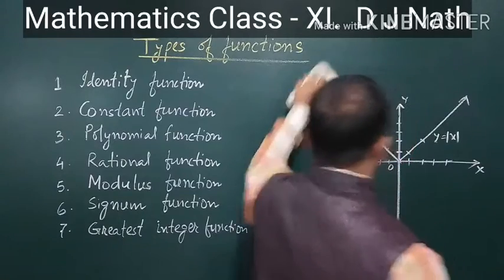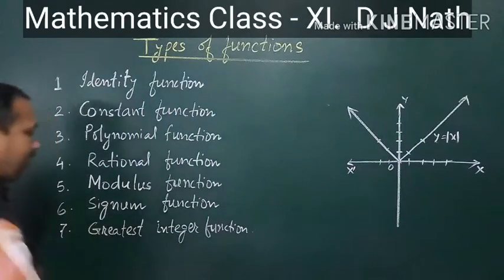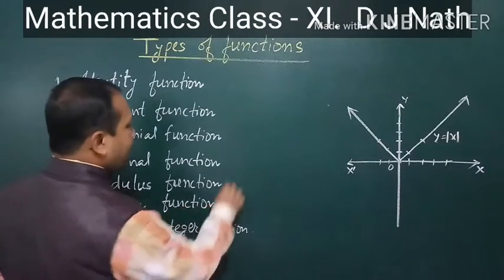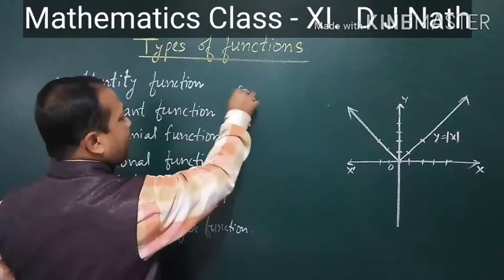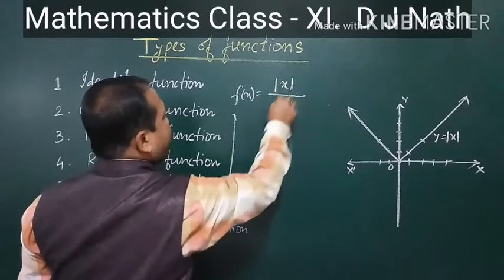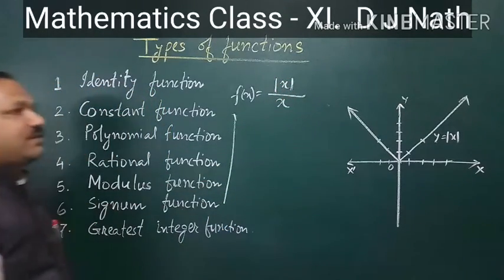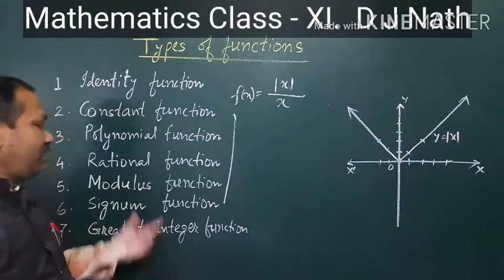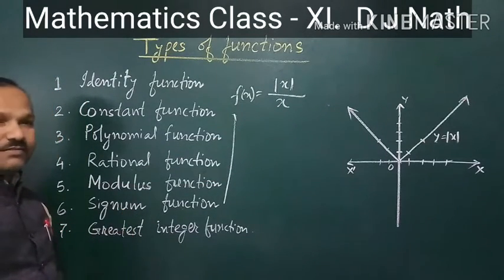Next is the signum function. What is the signum function? If a function of this kind, f of x is equal to modulus of x by x, if a function is modulus of x by x, then it is called the signum function.